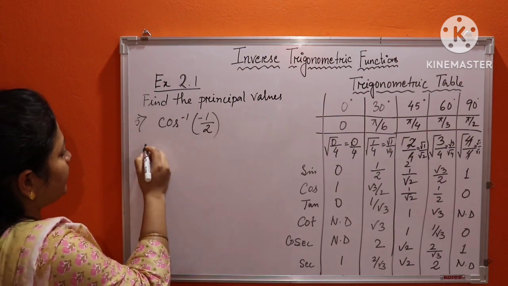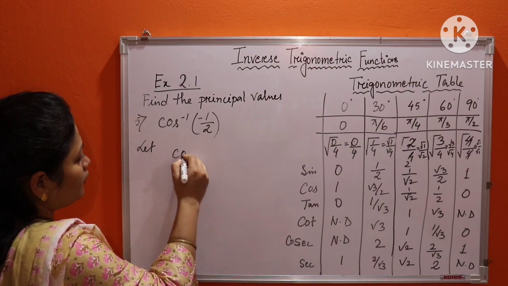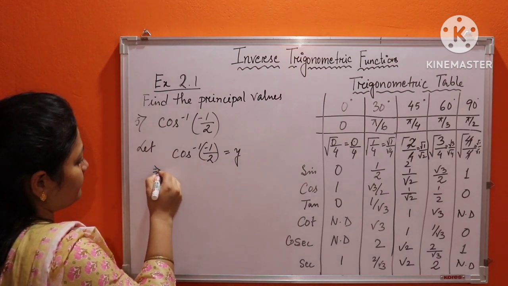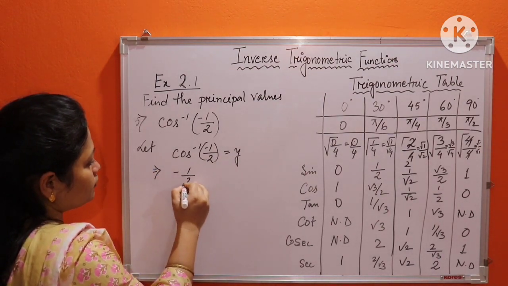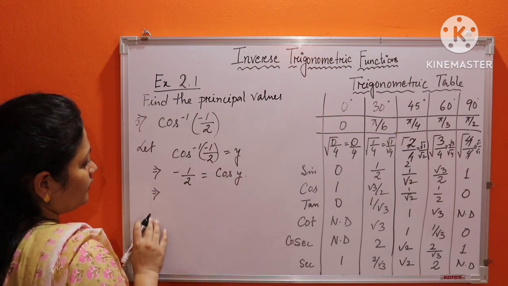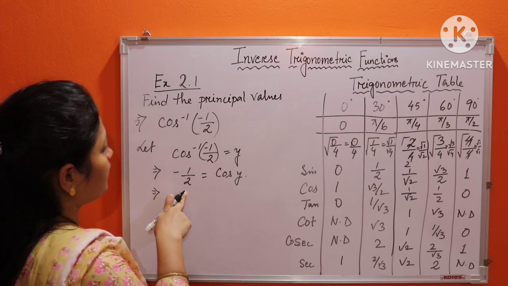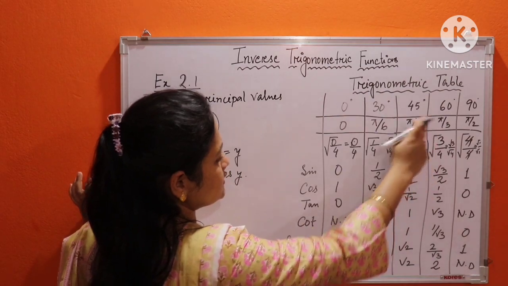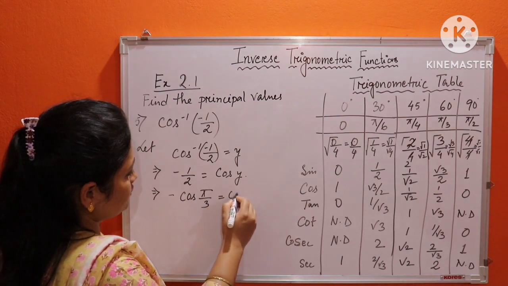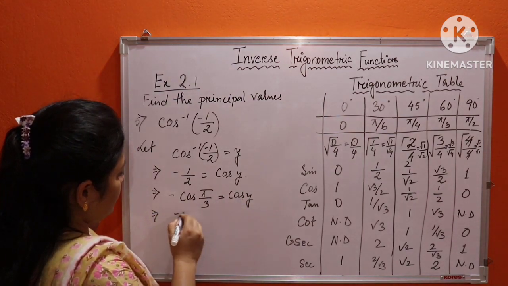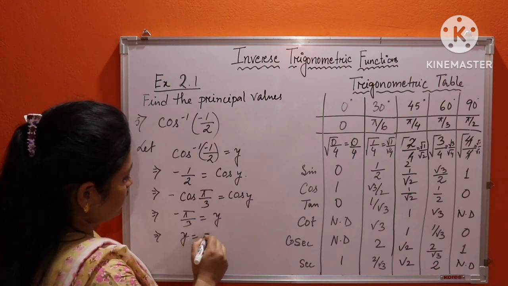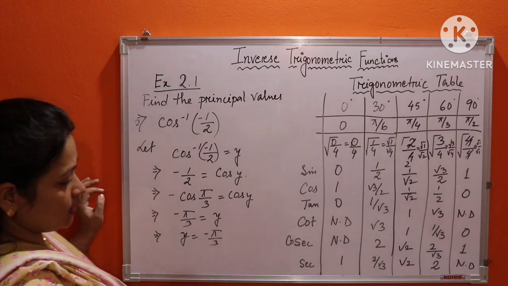Okay, so let cos inverse minus 1 by 2 is equal to y. Minus 1 by 2 is equal to cos y. हाफ cos के लिए हाफ कहाँ पे है 60, that is pi by 3. Minus cos pi by 3 is equal to cos y. That means y equal to minus pi by 3. Till here we have understood.